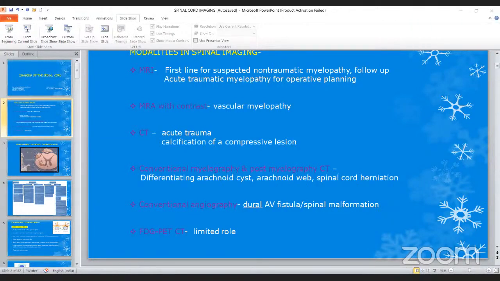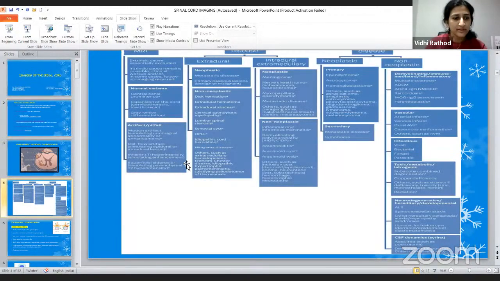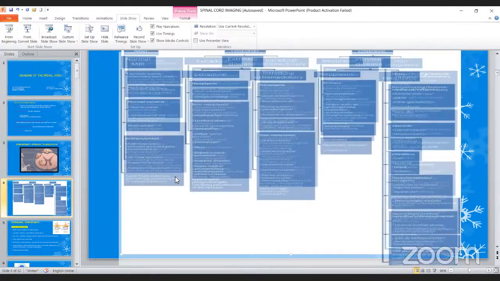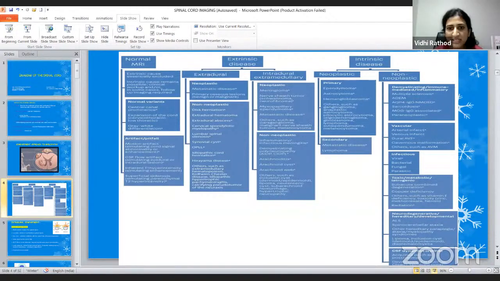Vidhi, the slide has not moved. Yes, ma'am. I'll just see what happens. You are not on full screen. I have clicked multiple times, sir, but it is still not coming as slideshow.